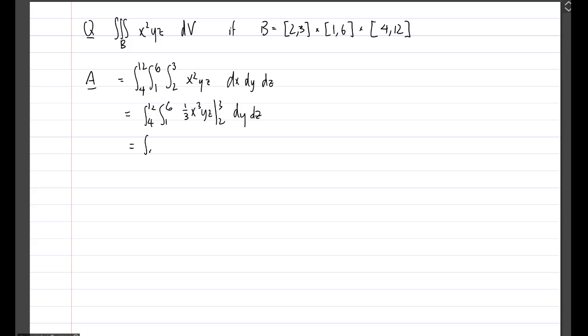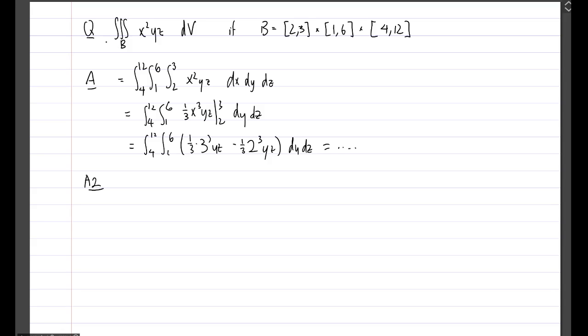Then we'll have integral 4 to 12, integral 1 to 6, 1/3 times 3 cubed yz minus 1/3 times 2 cubed yz dy dz. Certainly at this point there's more work to do, but let's stop there. I think that's a decent pausing place. I think you'll be fine finishing that off.